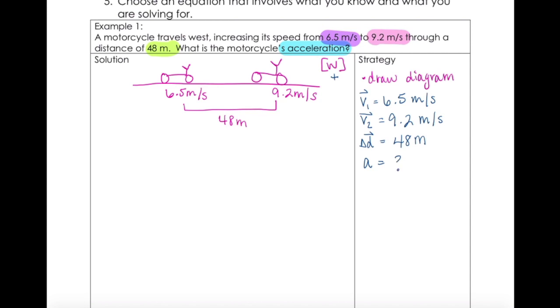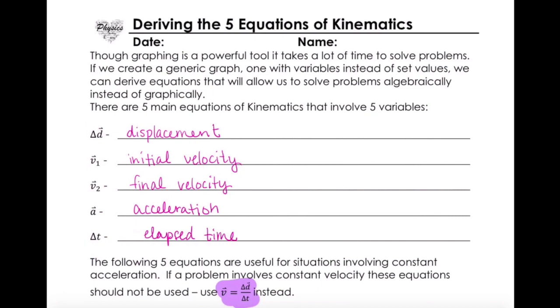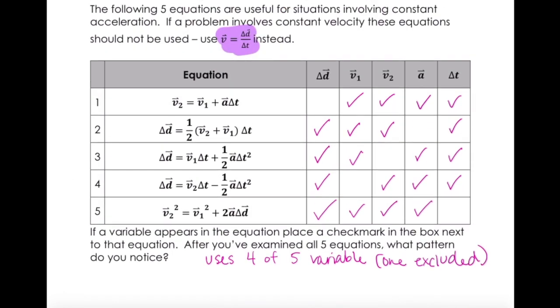All right, so now we need to choose an equation from our list that has v1, v2, displacement and acceleration. So if we look back at our notes, if we find the equation that best fits this, we would use equation 5, okay, because it has displacement, initial velocity, final velocity, and acceleration.